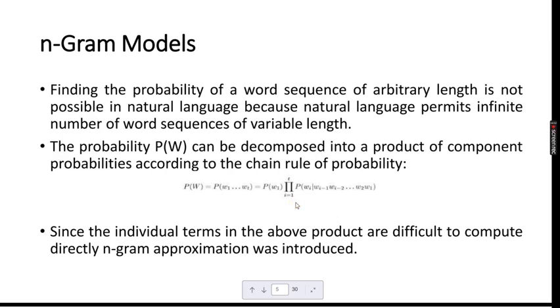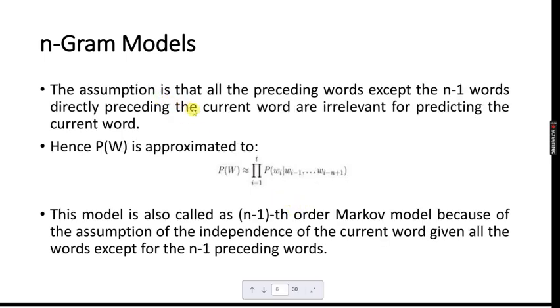We call this the n-gram approximation or n-gram model. The assumption of all the preceding words, the n minus 1 words, is generally used within the n-gram model. However, these n minus 1 words may not always be related to the current word prediction. Sometimes the target word may be different and not related to the sequence of words, so this is not exactly equal but an approximation.